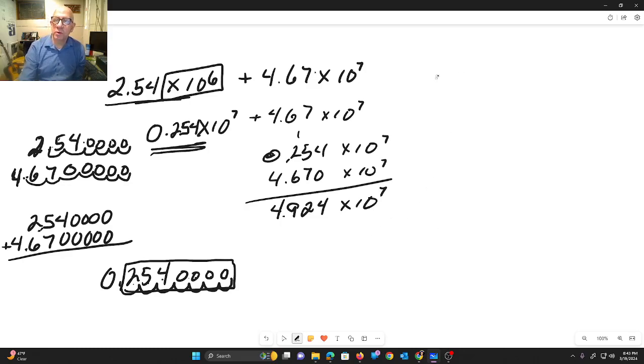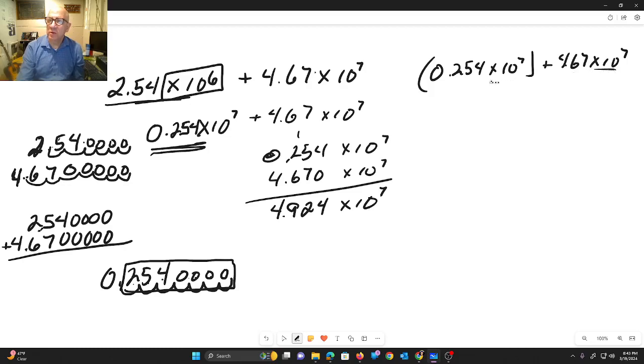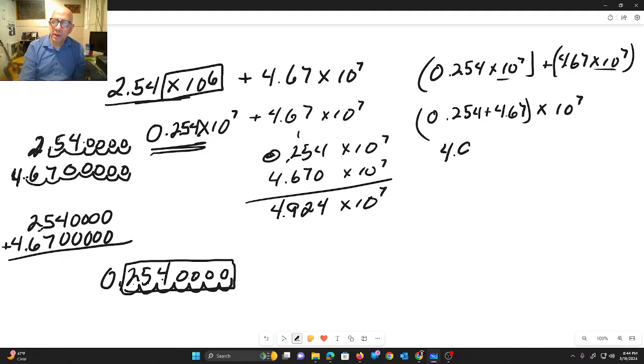And it works with that distributive property too. 0.254 times 10 to the power of 7 plus 4.67 times 10 to the power of 7. I can factor out 10 to the power of 7. So I have 0.254 plus 4.67 times 10 to the power of 7. So I add these together, and I get 4.924 times 10 to the power of 7.